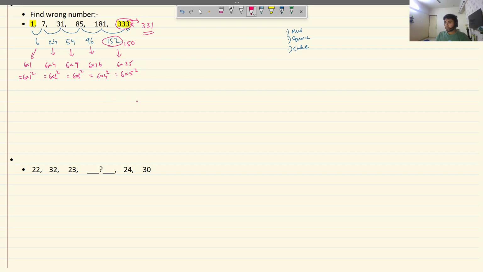So here the logic was: the difference between two consecutive numbers in the given series can be expressed as 6 into square of integers.